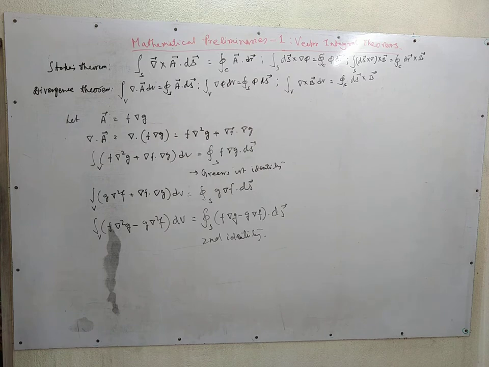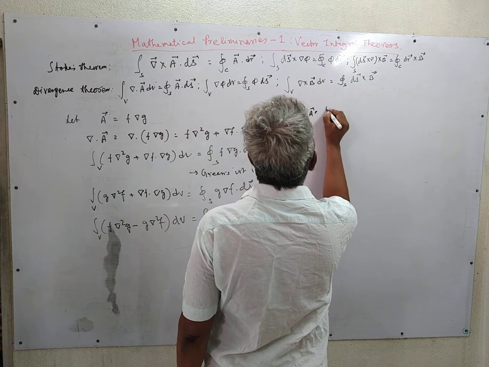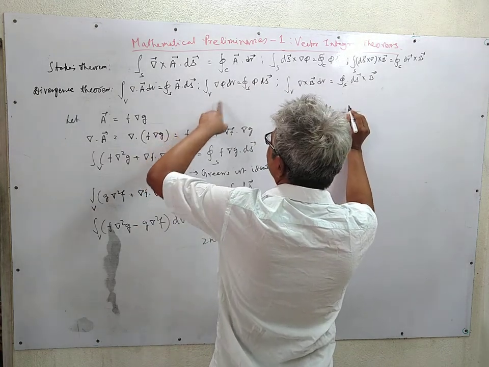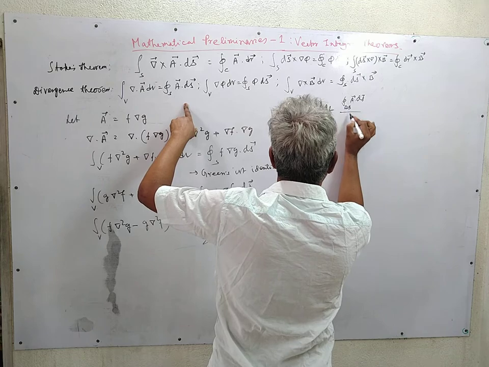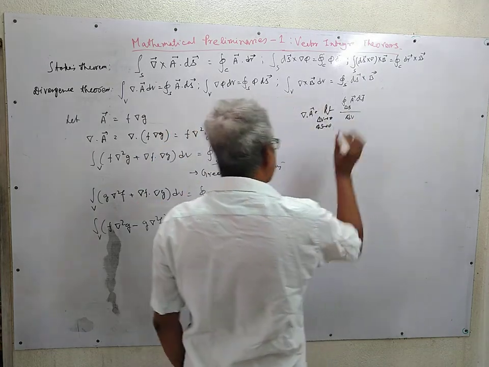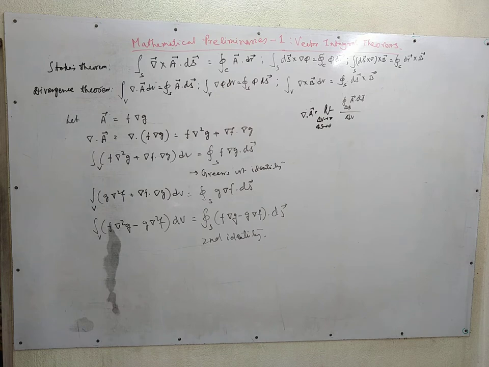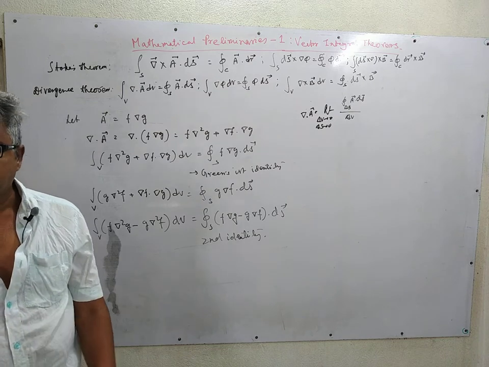If we write divergence of A as limit delta V tends to 0, delta S tends to 0, of surface integration A dot ds over delta S divided by delta V, such definitions are valid in all coordinate systems, Cartesian as well as non-Cartesian. So this is one beauty of it.